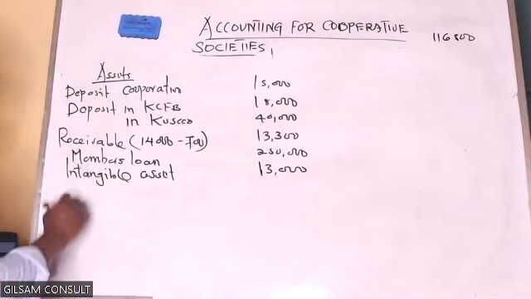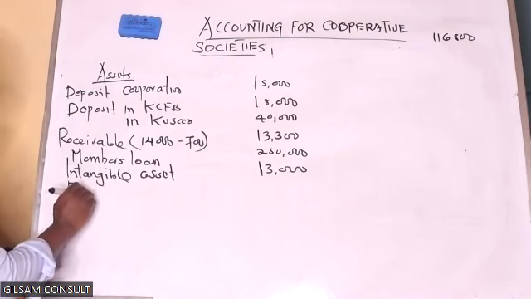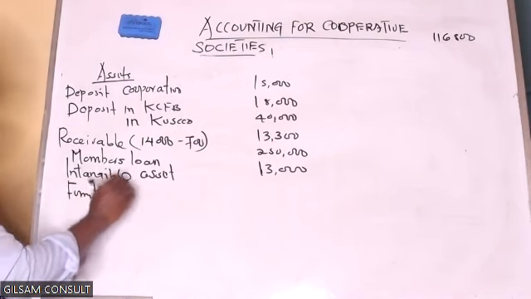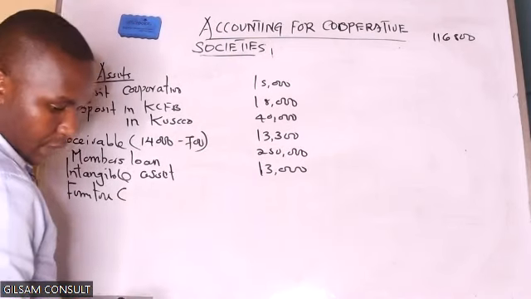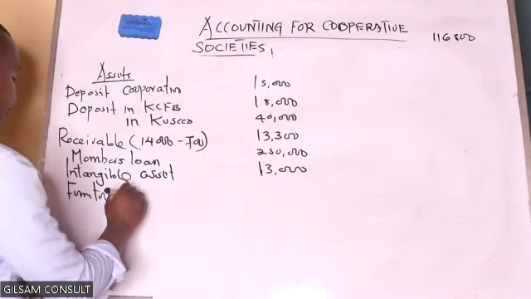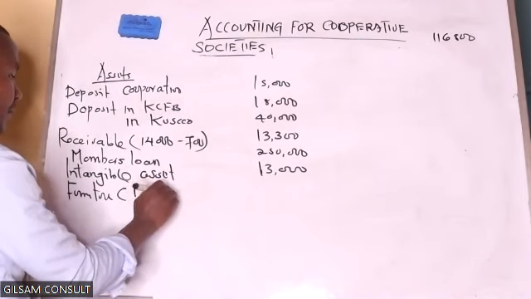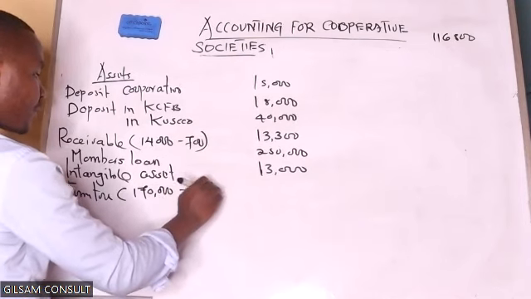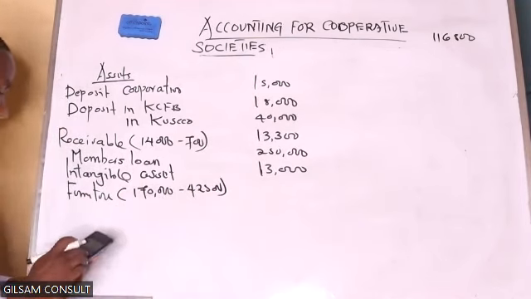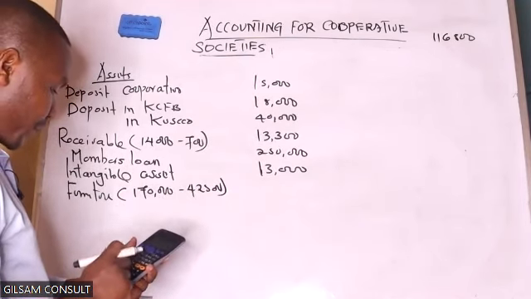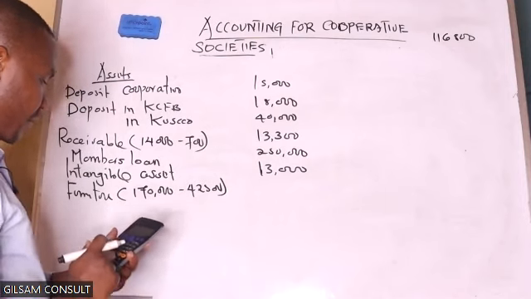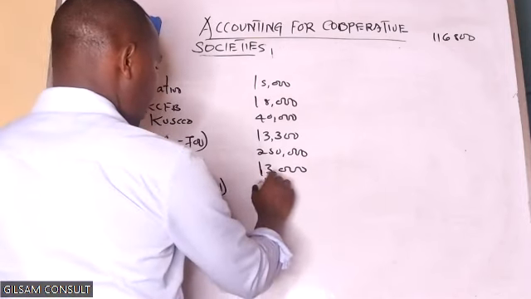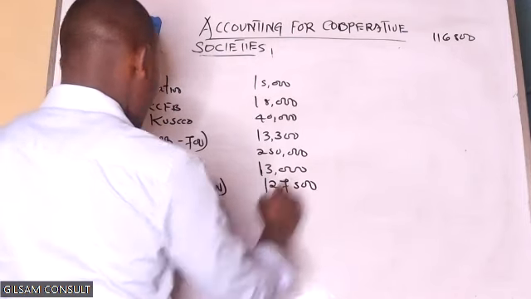Now we have furniture and fitting. What was the cost of this furniture and fitting? That is 170,000. Remember to adjust depreciation of 42,500 so that we remain with the net book value of 127,500.